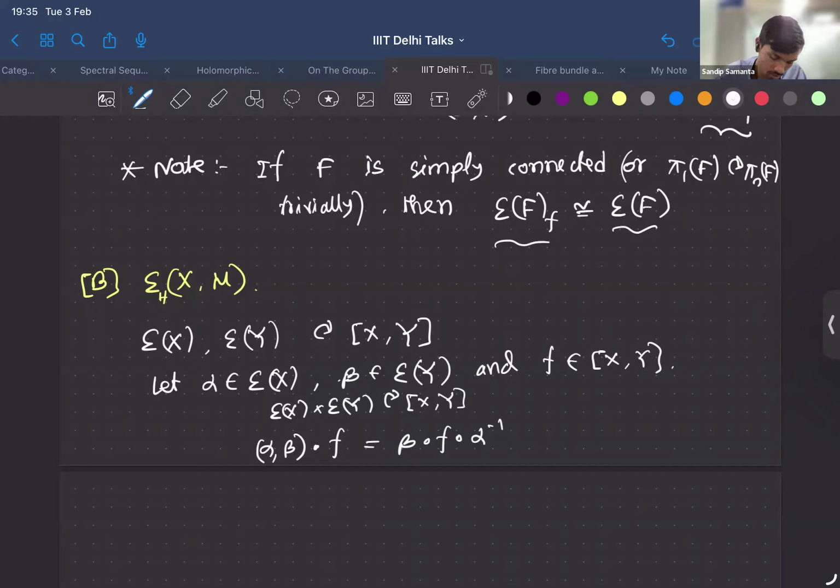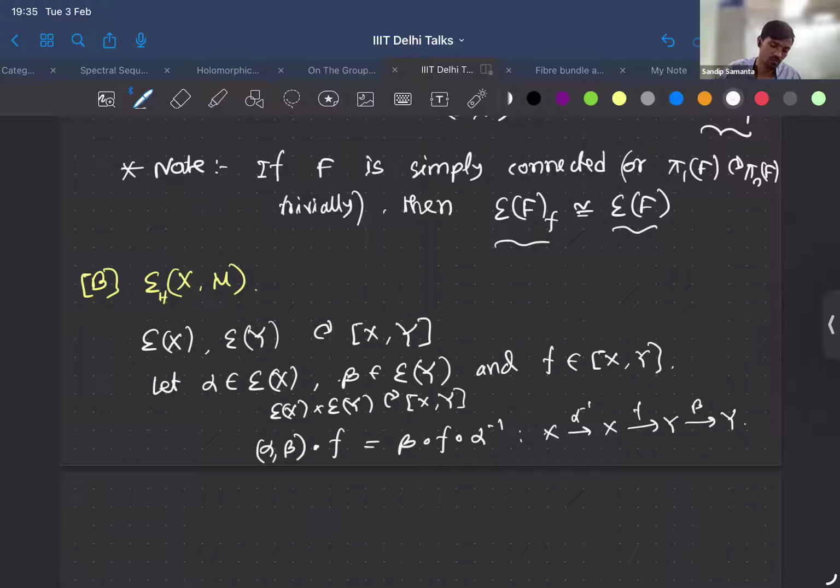So it sends X to X via alpha inverse, then uses f to go to Y, and then beta sends Y to Y. So why alpha inverse? If you put alpha, then it will not satisfy the standard rule of an action.